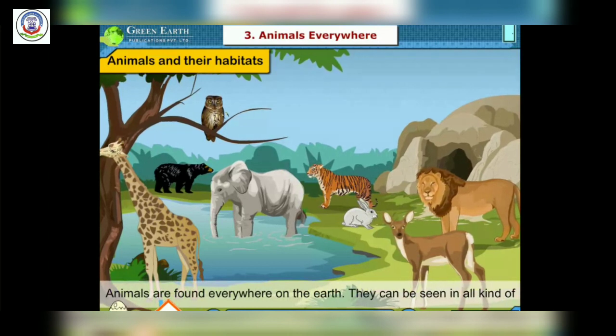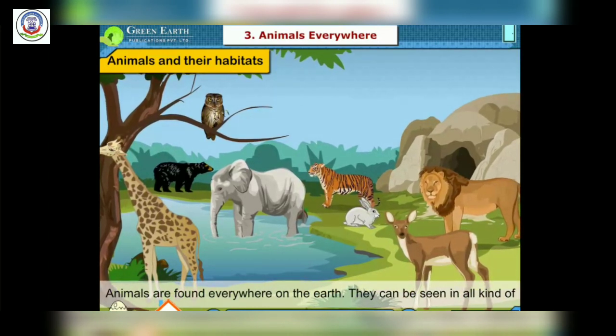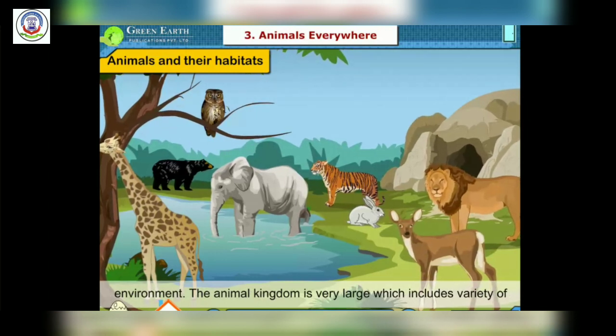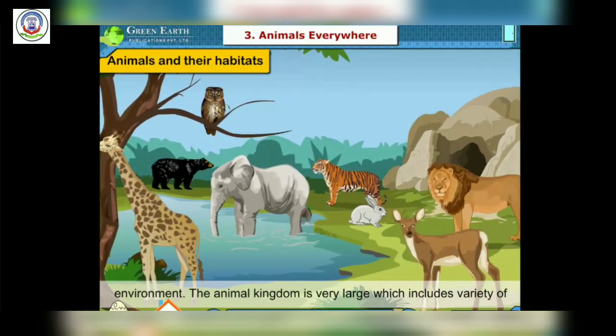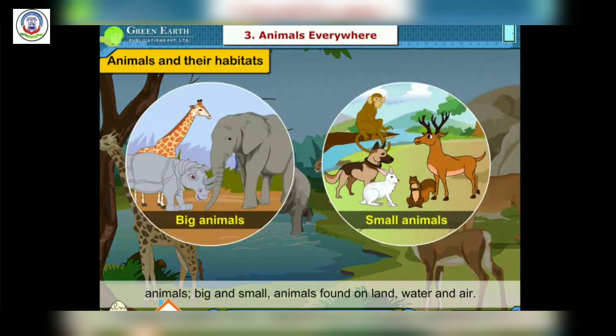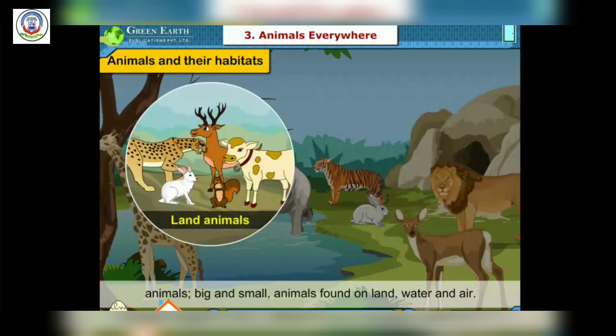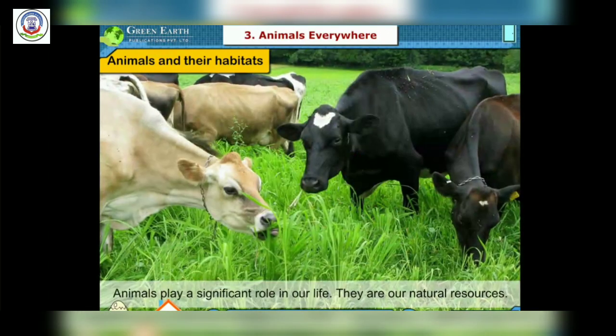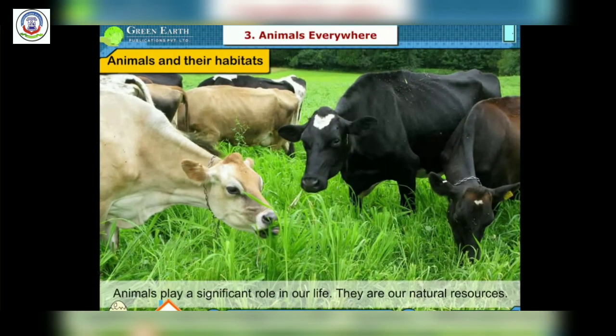Animals are found everywhere on the earth. They can be seen in all kinds of environment. The animal kingdom is very large, which includes variety of animals, big and small, animals found on land, water, and air. Animals play a significant role in our life.